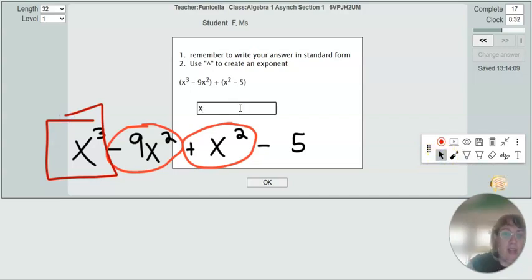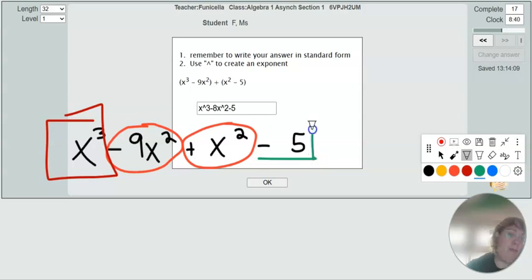So we actually have x cubed, and then we have that minus 8x squared, and then a minus 5. And then hit OK once you got that typed in.